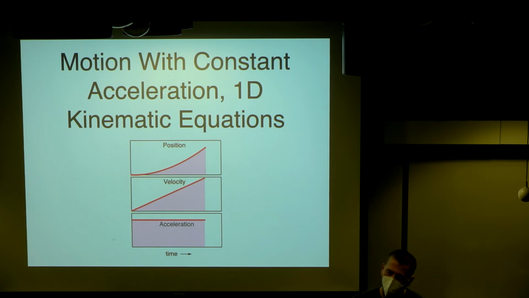And one thing I always want to emphasize about these equations, as we derive them and as we start to use them, is that they only apply to situations where you have a constant acceleration. If you're moving in a way where your acceleration is changing over time, these won't apply. You'd actually have to use calculus to deal with situations like that, which means we won't really cover them in this class, okay? But just be aware that this only applies to constant acceleration situations.